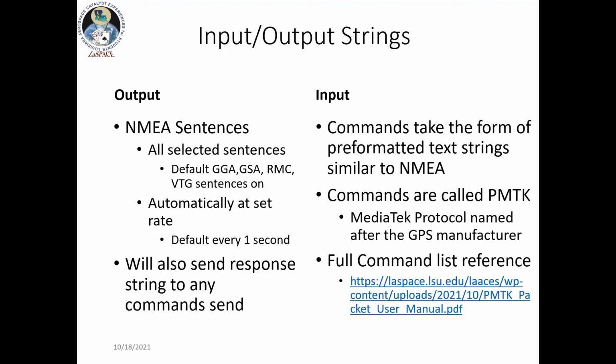So what are these strings that we use for input and output? In general, like we said, the output is the NMEA sentences. It has, I believe, 6 different possible sentences that you can turn on, and it will output those sentences at some automatic rate. By default, the 4 sentences that are on are the GGA, the GSA, the RMC, and the VTG sentences.